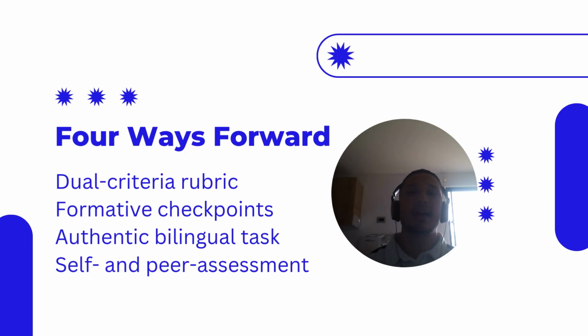Third, an authentic task, a shared bilingual community project instead of only a written exam. And fourth, self and peer assessment, so students reflect on their own processes in both languages, not just the final product.